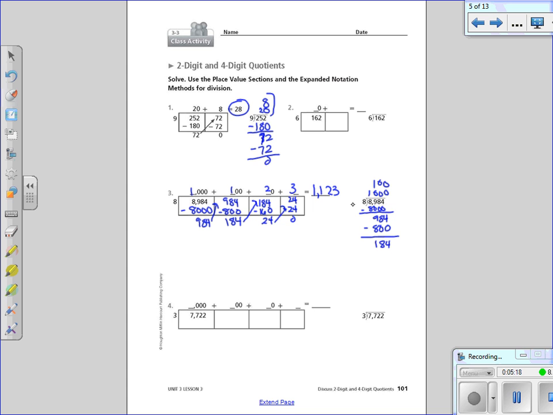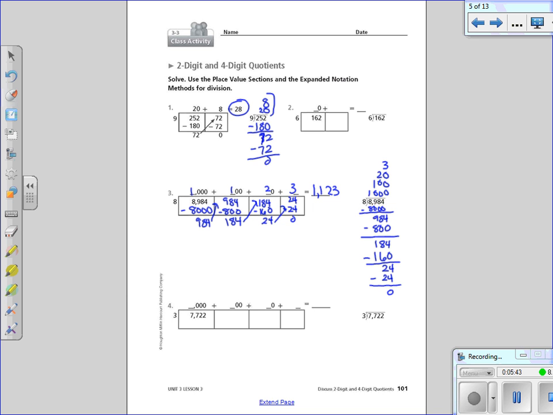184. 8 cannot go into 1, goes into 18 2 times. I have 1 digit left over, so I'm going to put the 0. 20 times 8 is 160. Subtract. 8 can go into 24 3 times. 3 times 8 equals 24.